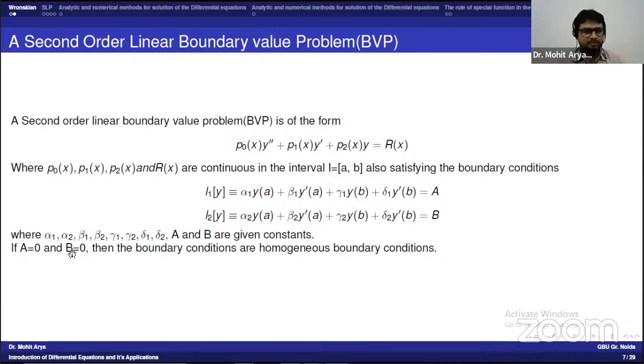If A equals 0 and B is also 0, then the boundary conditions are homogeneous boundary conditions.